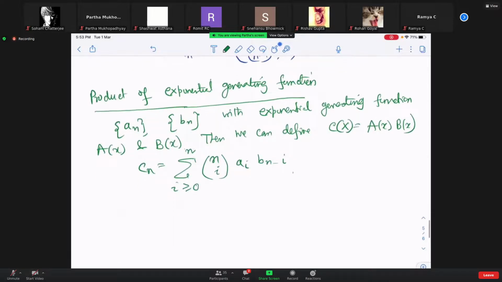So this is really easy to verify, because C(x) is the summation of c_n x^n by n factorial.